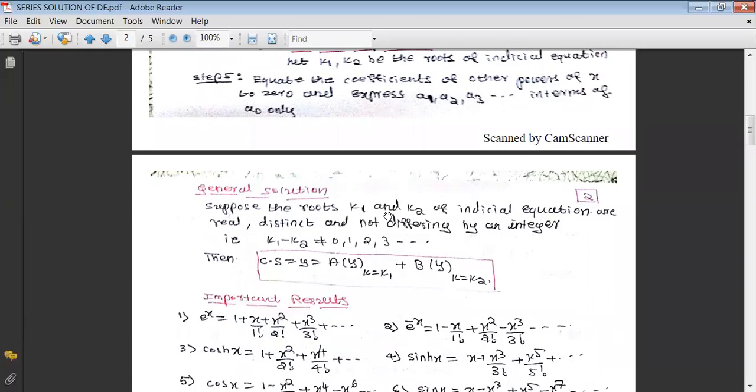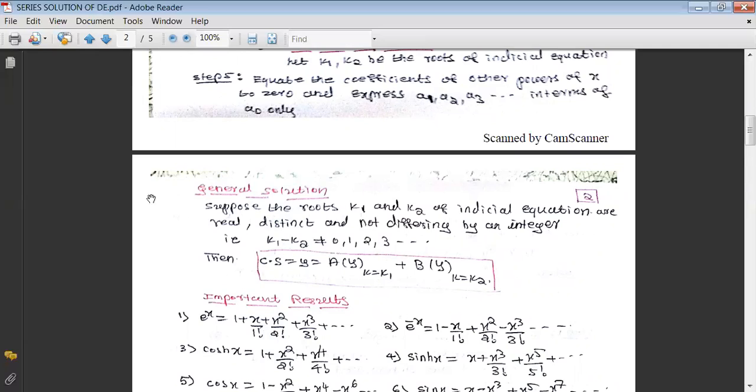Okay, in the second method, that is the Frobenius method, the general solution is written in this fashion. Suppose the roots k1 and k2 of the indicial equation are real and distinct, and they do not differ by an integer. That is, k1 minus k2 is not equal to 0, 1, 2, 3, and so on.